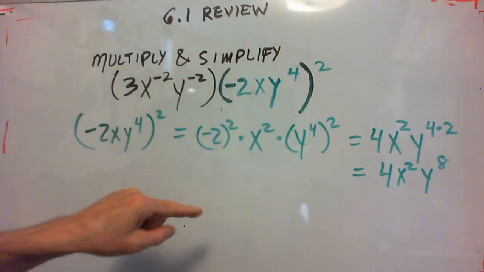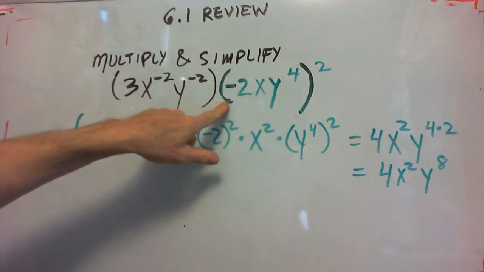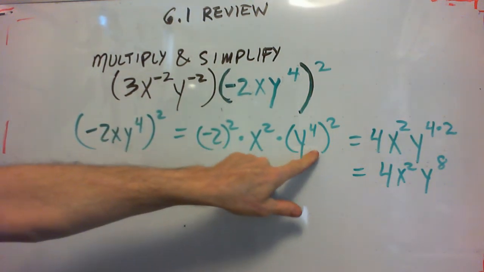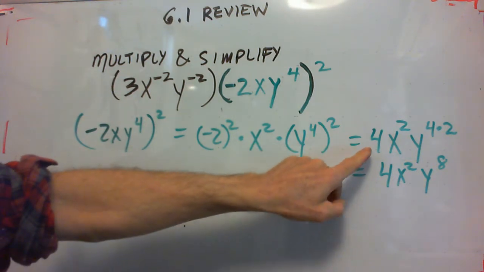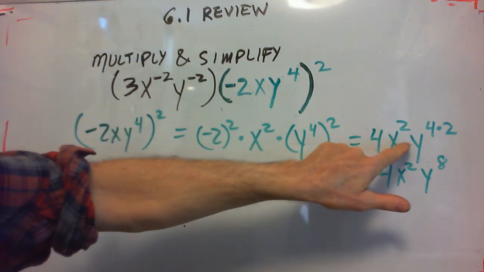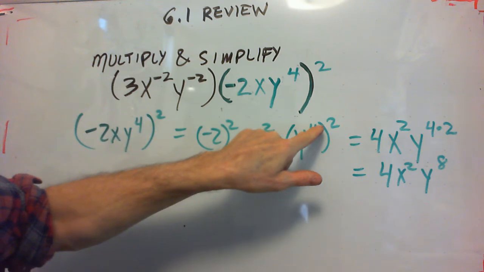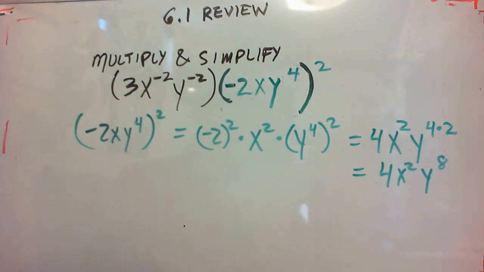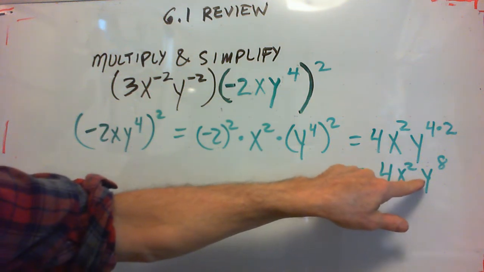So when we square out this second quantity, we square the negative 2, we square the x, we square the y to the 4th. Negative 2 times negative 2 is 4, x squared, y to the 4 times 2. We use the product of the exponents when you raise a power to a power. So we have 4x squared y to the 8th.